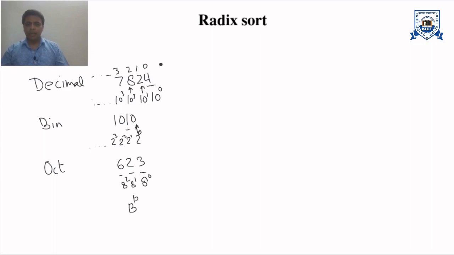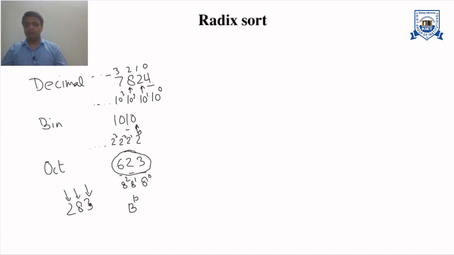Now in Radix sort, what is the use of the Radix? In Radix sort, we do not sort the numbers as whole numbers. We split the number. Suppose this number is given in the decimal number system, then we are not going to sort it as 283. We consider this whole number as a composition of 3, 8 and 2.